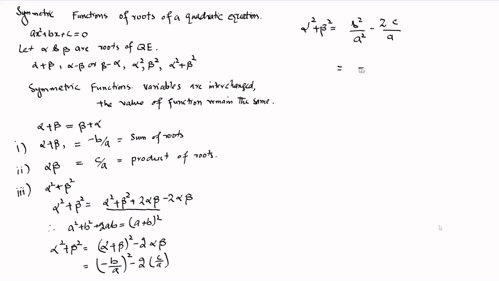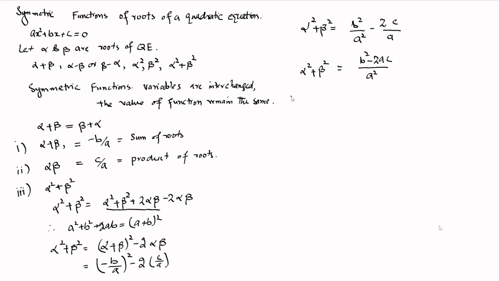Now a square is the LCM. A square divided by a square is 1, 1 multiplied with b square is b square. A square divided by a is a multiplied with 2c is 2ac. So the value of alpha square plus beta square is equal to b square minus 2ac divided by a square. This is the function of roots in terms of the coefficients.